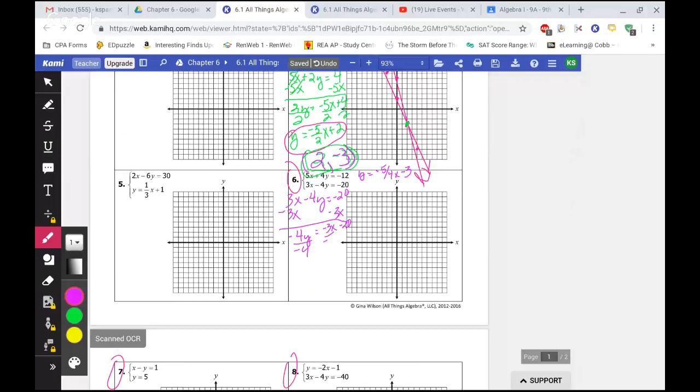Divide everything by negative 4. Y equals a positive, because we have a negative divided by a negative, a positive 3/4 x. Negative 20 divided by negative 4 is a positive 5. So my equation for that one is y equals 3/4 x plus 5.